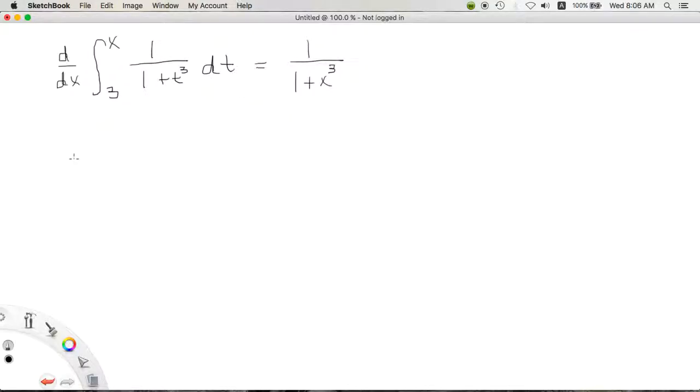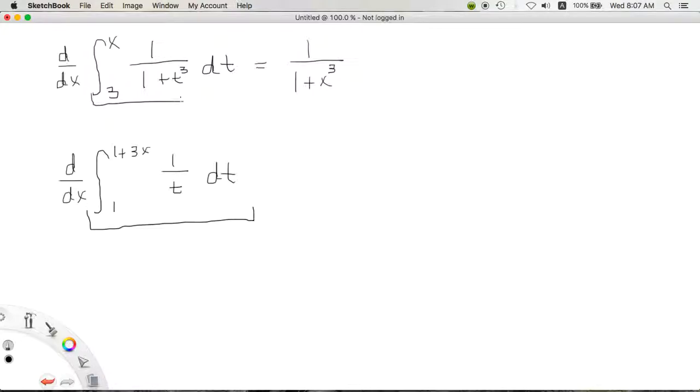So sometimes you have to use the chain rule. What happens if we want to do the derivative from 1 to 1 plus 3x of 1 over t dt? So this function here, this is the antiderivative function at x. This is our antiderivative function at 1 plus 3x, because that's what our variable equation is for this.